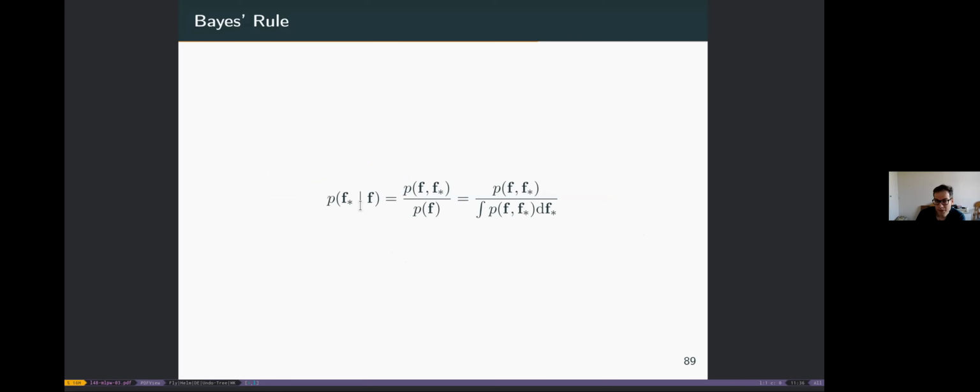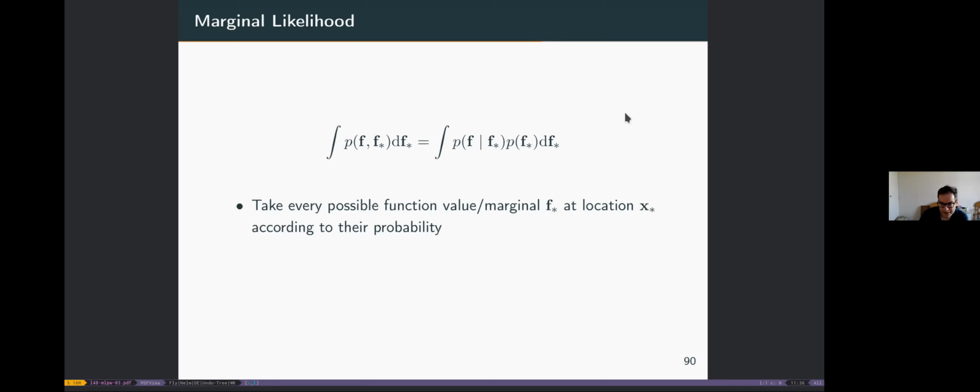So now, if we do Bayes' rule on this, I need to take the joint distribution, and then I need to normalize that with the distribution over only the things that I've seen. So that implies I need to compute this integral in the denominator here. So now let's think about what that integral actually is.